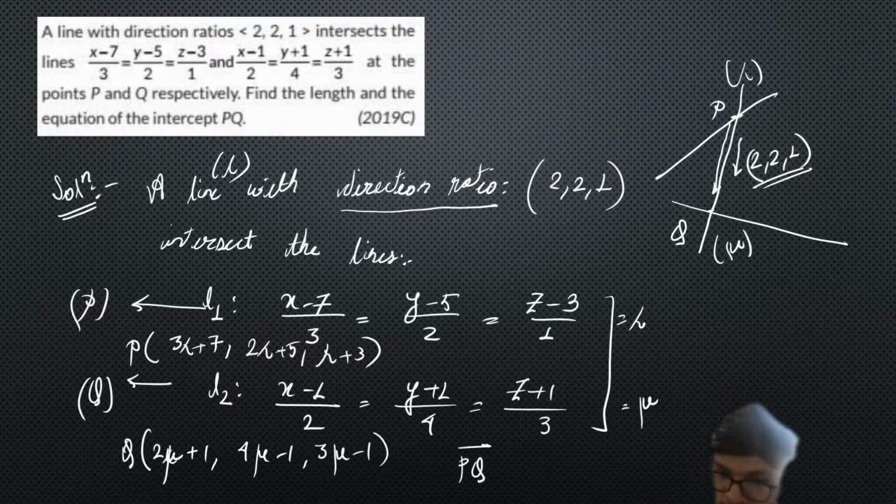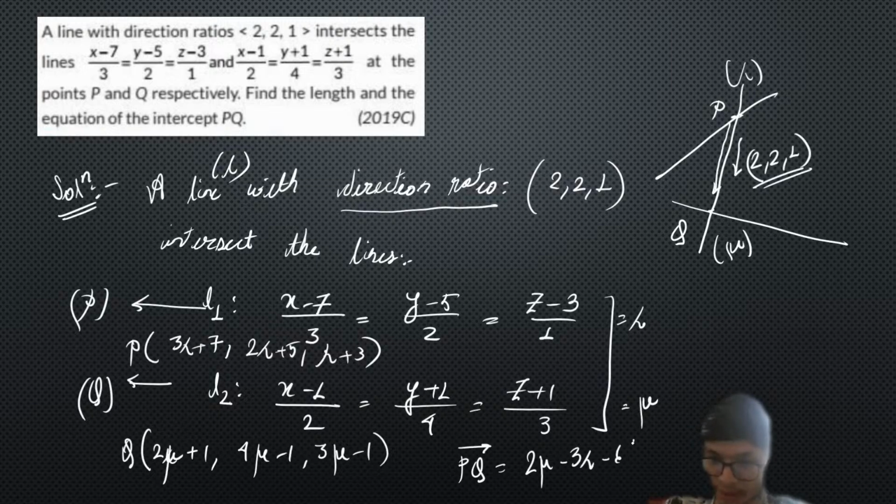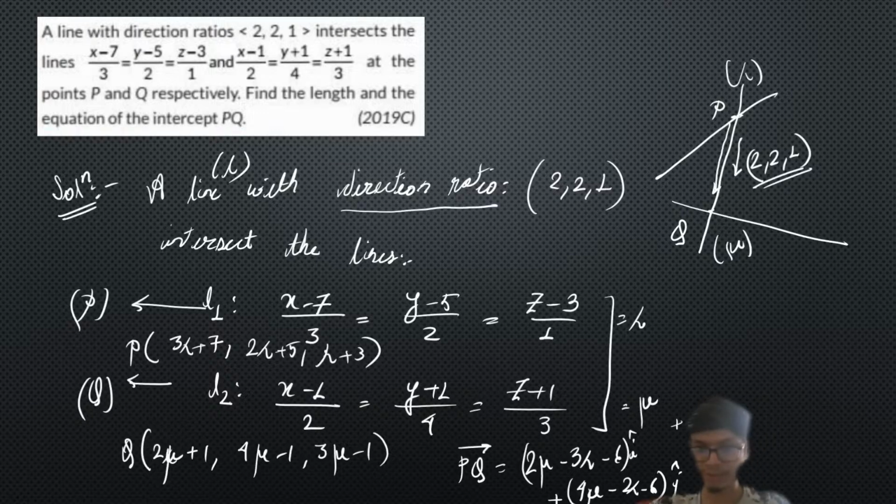If I need to find the vector PQ, it is going to be (2 mu - 3 lambda - 6) i cap, plus (4 mu - 2 lambda - 6) j cap, plus (3 mu - lambda - 4) k cap. So our vector PQ is given in terms of lambda and mu.